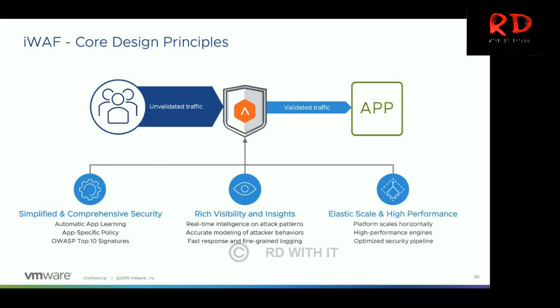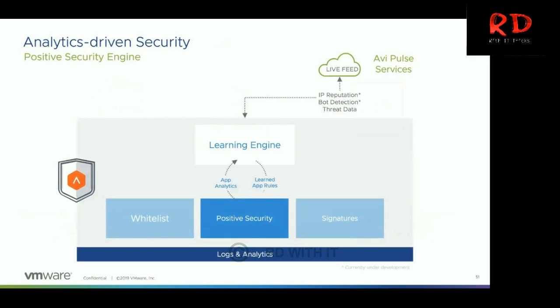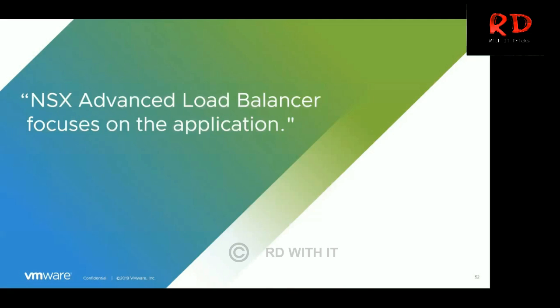For us, because we have essentially unlimited performance, as we can scale out those service engines, we're not limited in our inspection capacity. So we have a learning engine that understands your application traffic flow. We can whitelist your known good applications, and only what is not whitelisted will be inspected, thereby doing things a lot more efficiently.